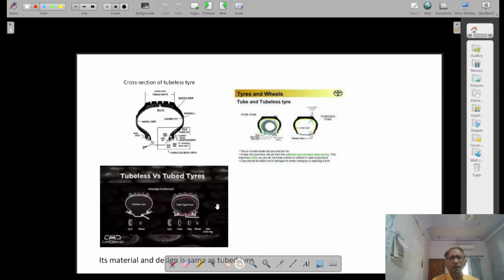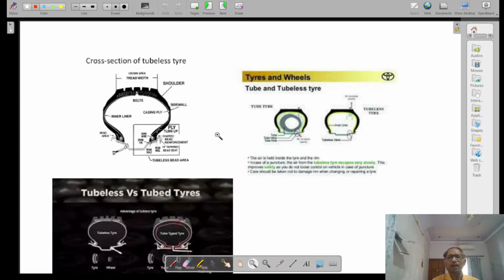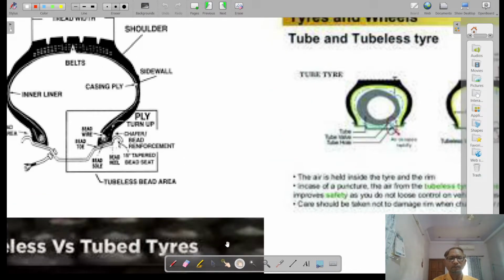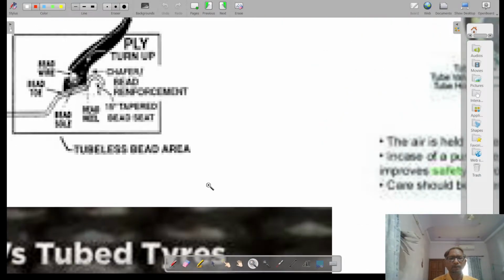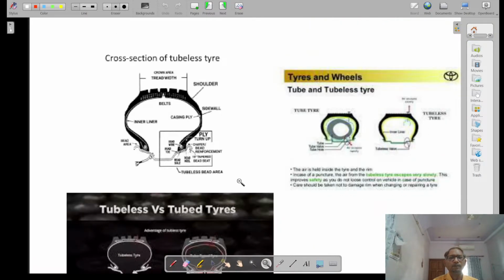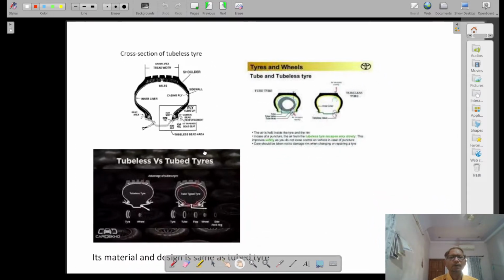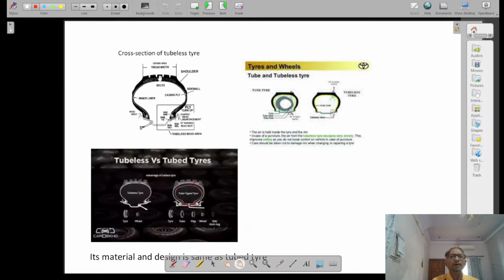So you can see the tubeless tire over here. I just brought a tubeless tire over here. You can see here the tread.